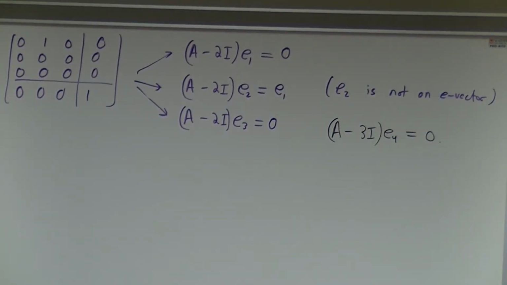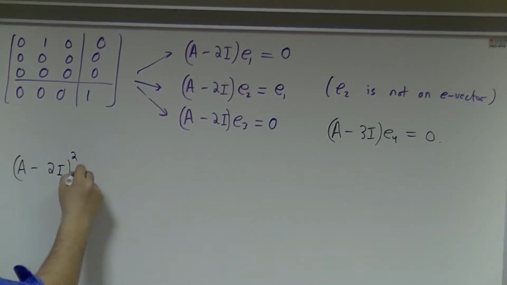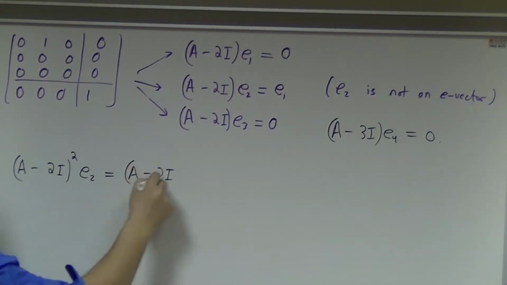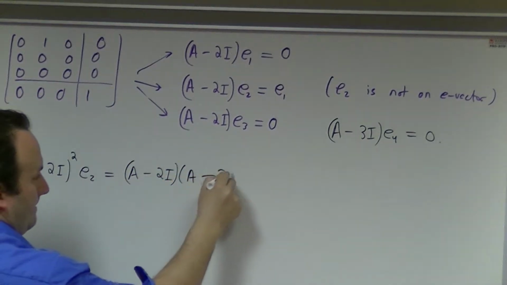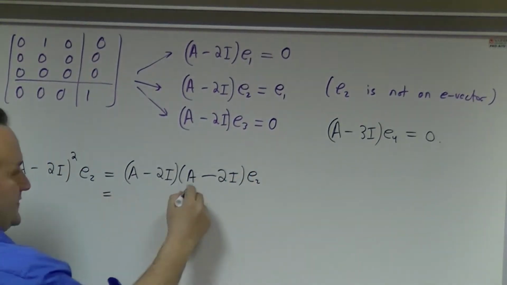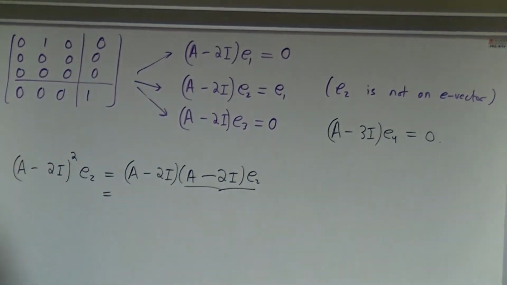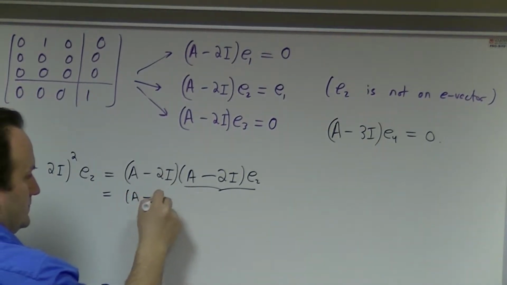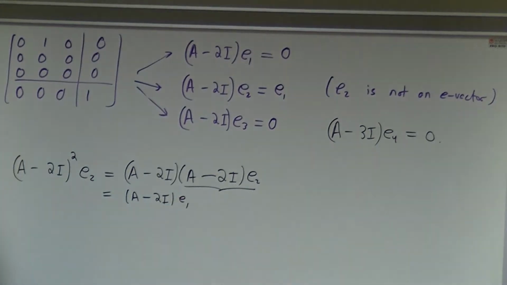So let's see here. What is the deal with E2 is really the question, right? Check this out. If I take A minus 2I squared on E2, that's what? That's A minus 2I times A minus 2I times E2, right? What's this? E1. Yeah. 0.